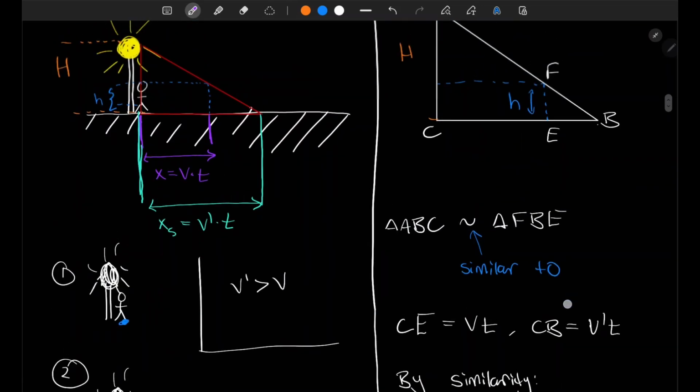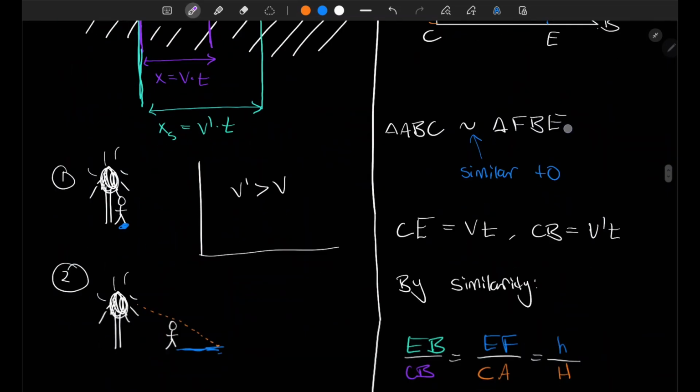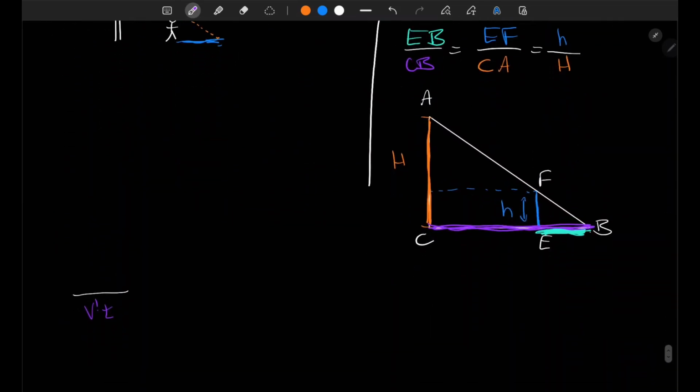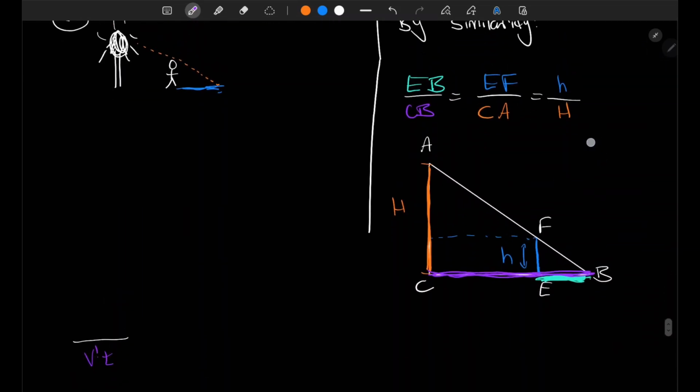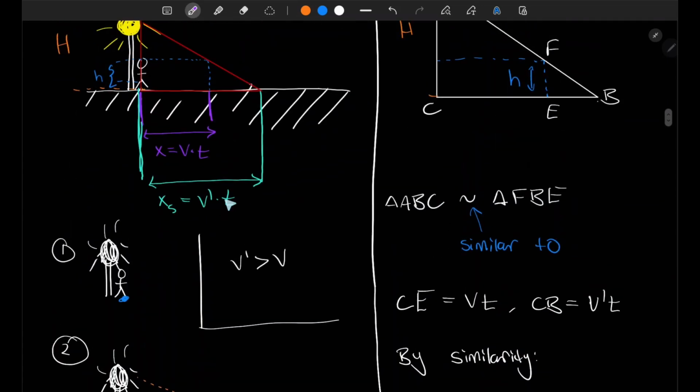Because CB is the distance from here to here, and that is given by V prime T. Then, what is EB? EB, this distance, is going to be the blue distance minus the purple. This guy minus this guy is this.